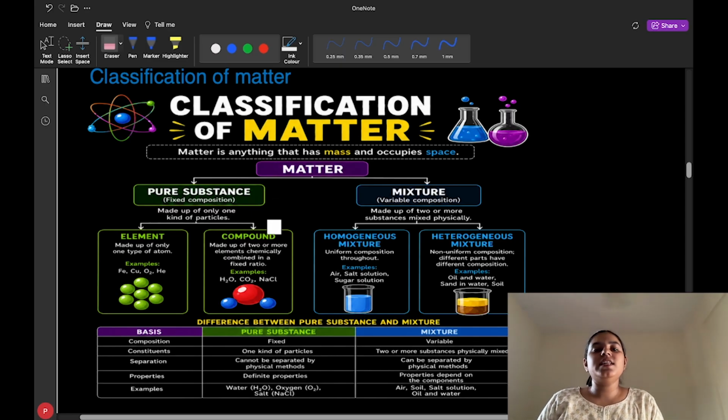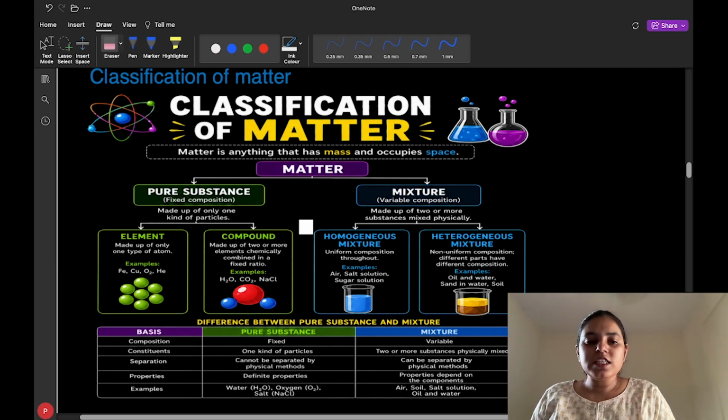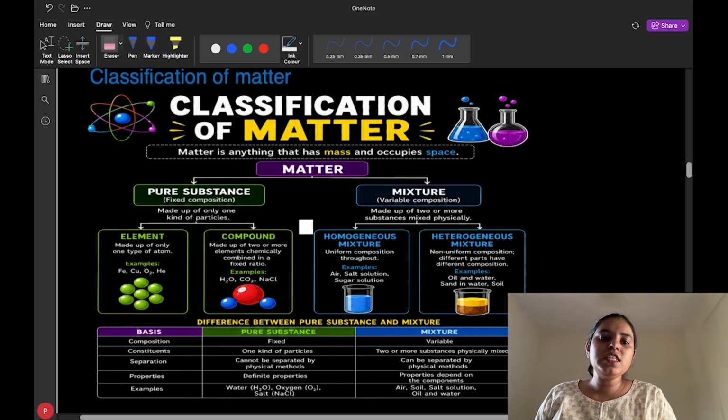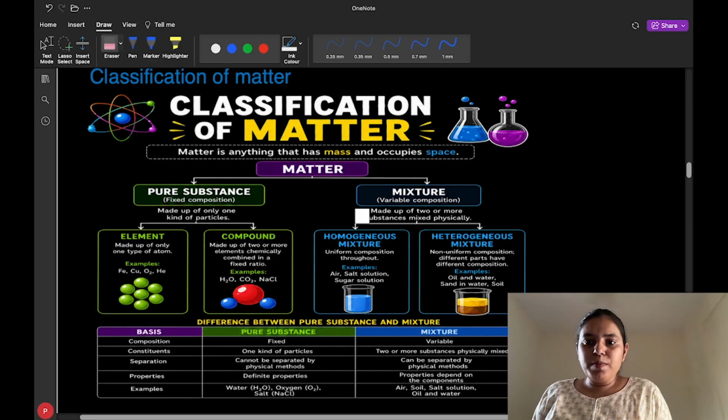This is the next slide, that is classification of matter. Matter is anything that has mass and occupies space, which we have already studied in the previous classes. Let me ask you a simple question. Is a glass of pure water the same as a glass of salt water?